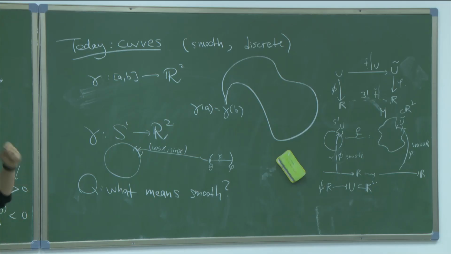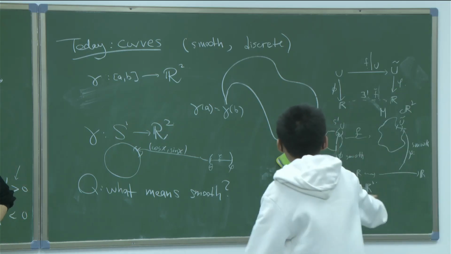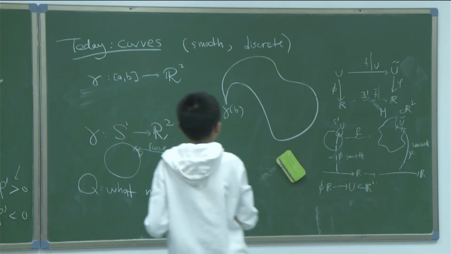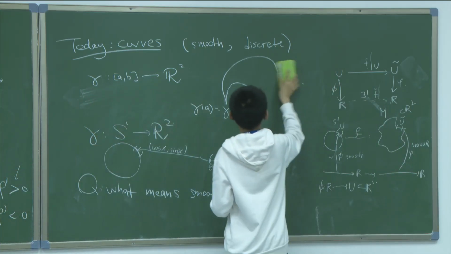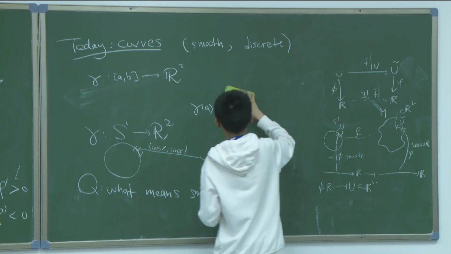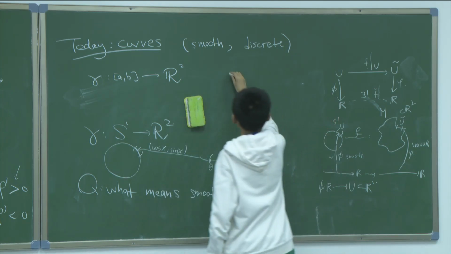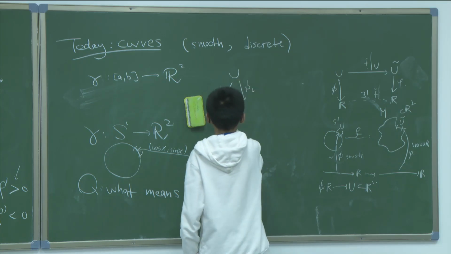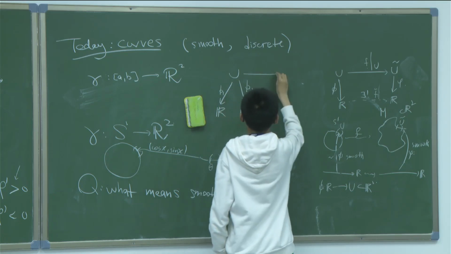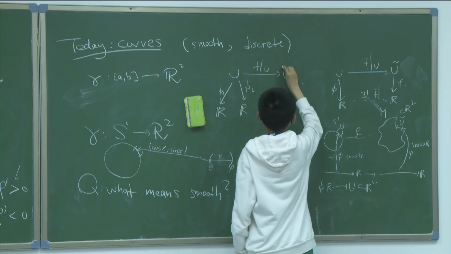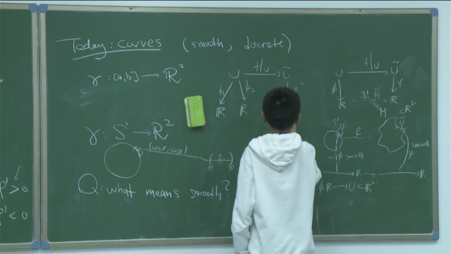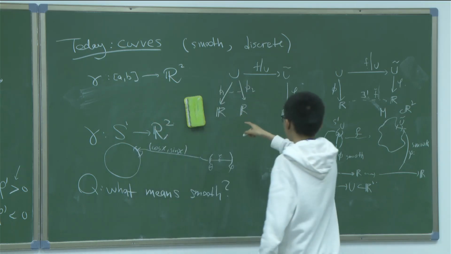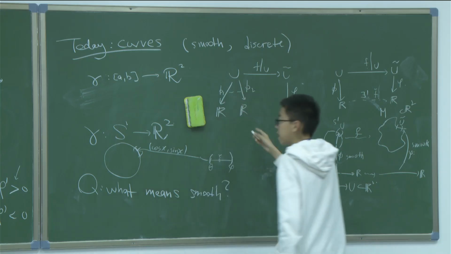So for instance, there are two. We only consider these parts. Suppose there's a phi 2, phi 1 and 2. Suppose we know that they are all smooth, and one-to-one and smooth.